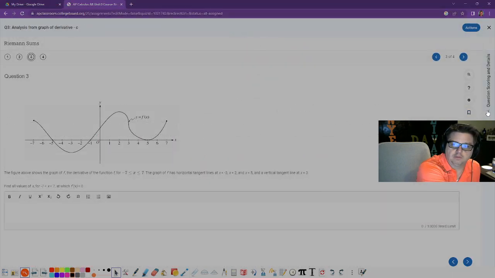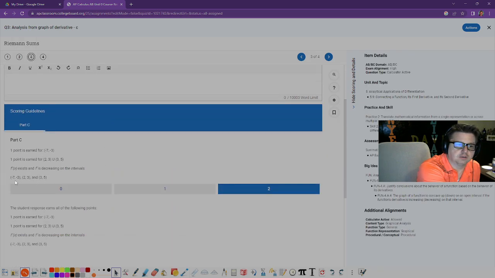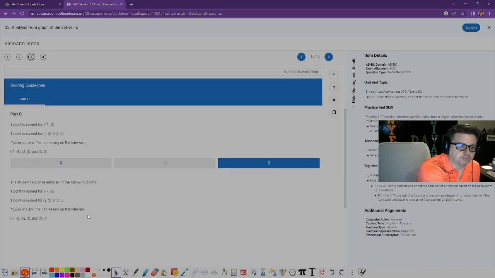Question number 3. What do they tell us? From -7 to 3, 2 to 3, and then 3 to 5. 1 point is earned from -7 to 3. 1 point is earned from 2 to 3, 3 to 5.